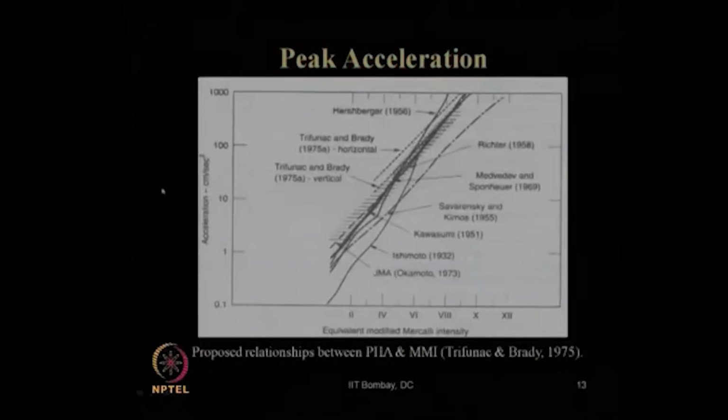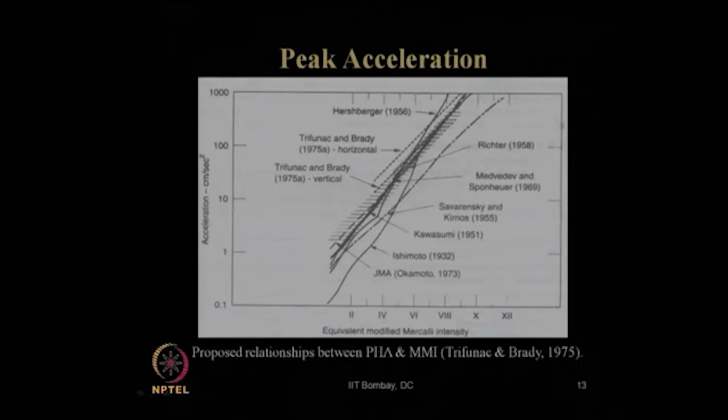Now, this picture shows the proposed relationship between peak horizontal acceleration and the MMI scale that I was mentioning, given by Trifunac and Brady in 1975. Professor Trifunac is a professor at the University of Southern California in the USA.